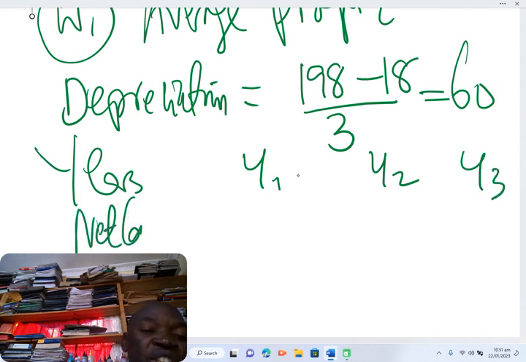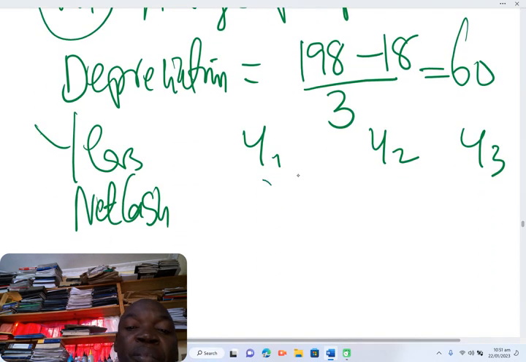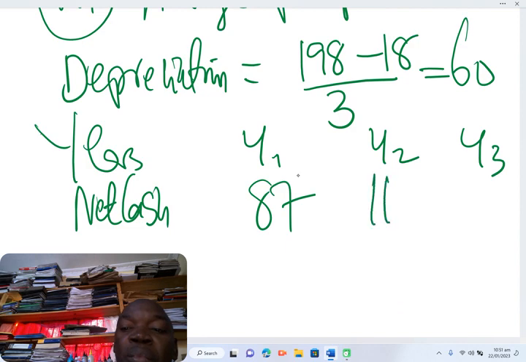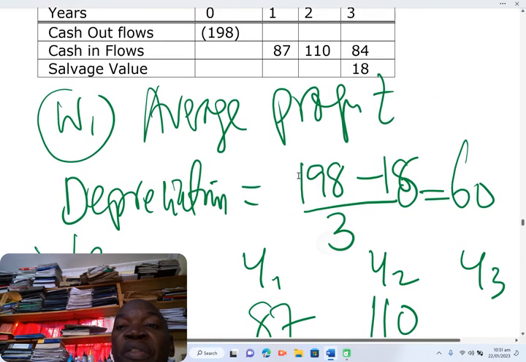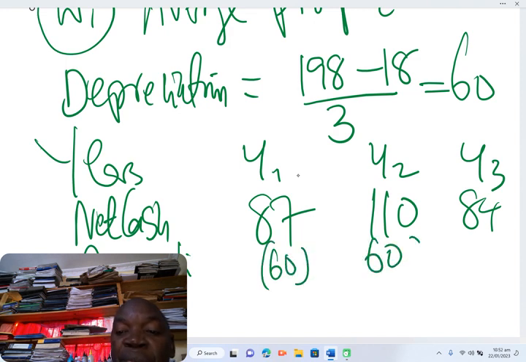So net cash flow, it is 87, 110, and we have 84. Depreciation is 60 in each year.